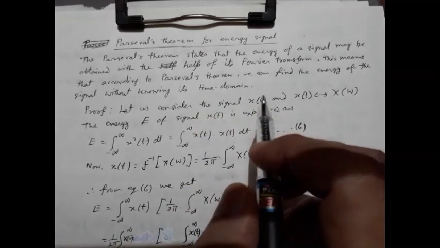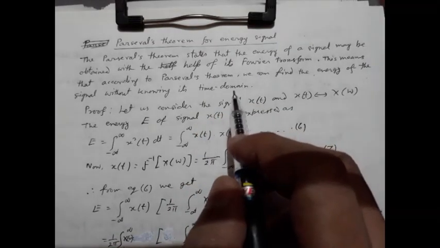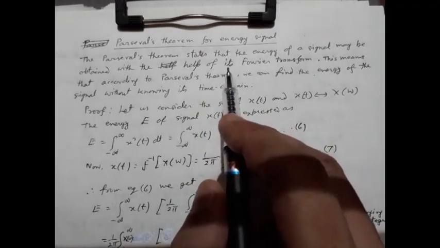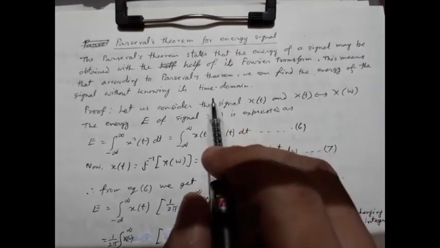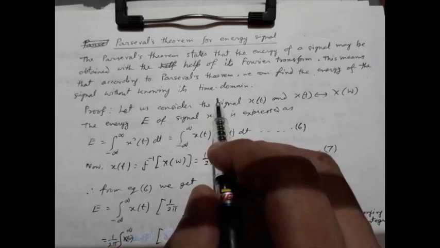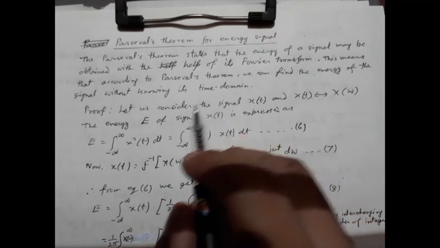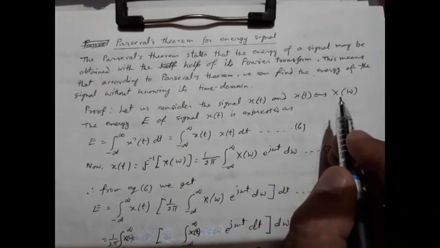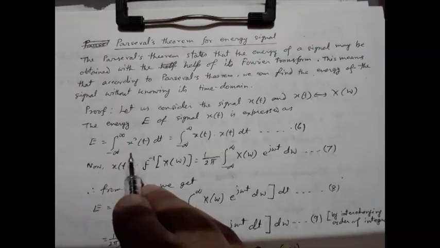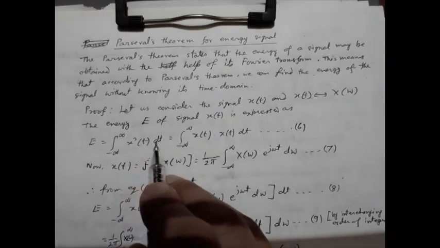Now we will consider Parseval's theorem for energy signals. Parseval's theorem enables us to determine the energy of a signal with the help of its Fourier transform. So if x t is the signal and its Fourier transform is X omega, then the energy of the signal is defined as the integration from minus infinity to plus infinity of x square t dt.